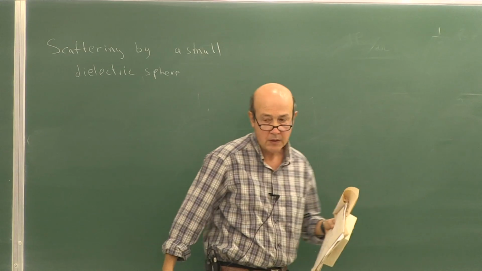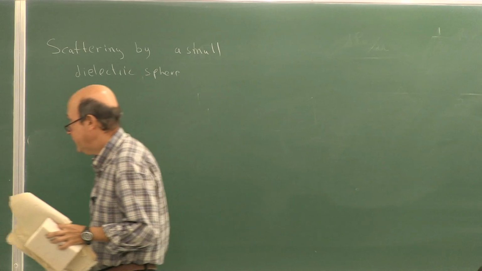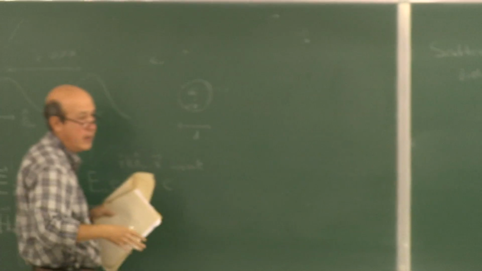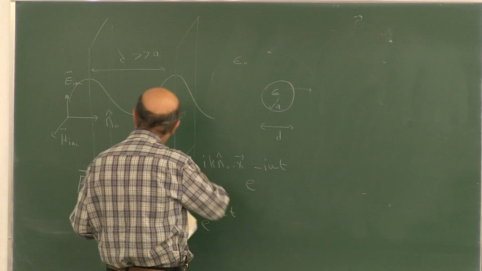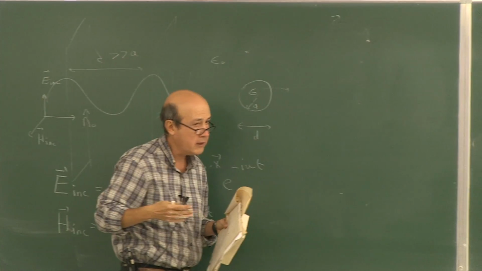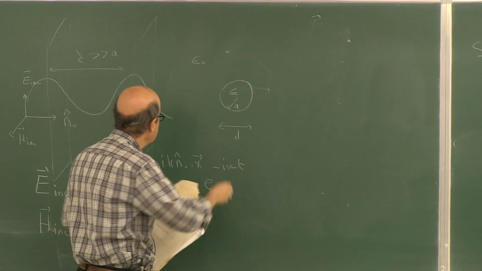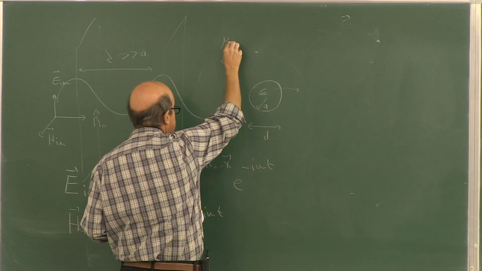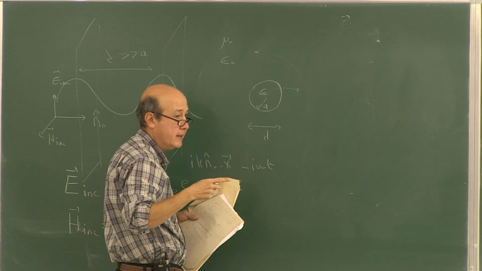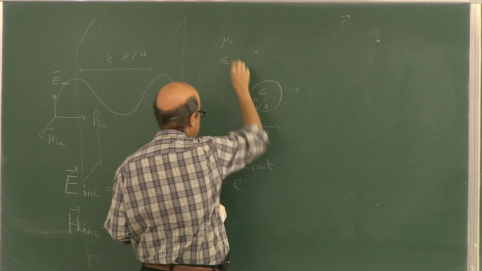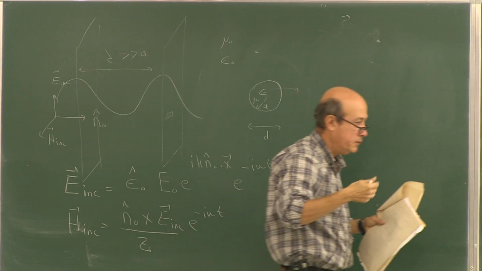What will happen? The electric field component of the electromagnetic wave will polarize the sphere. The magnetic field component of the electromagnetic wave does not magnetize because the sphere has only a dielectric constant. So in all, mu 0 is the same. So magnetic permeability is not different.